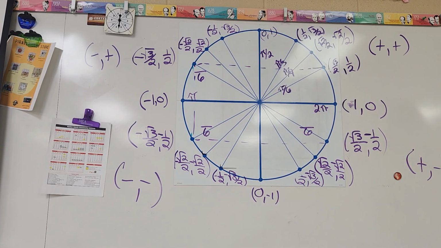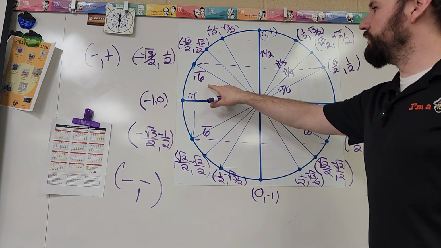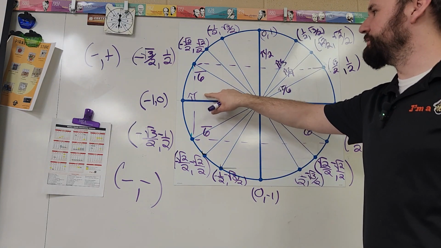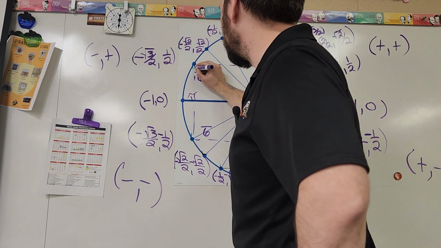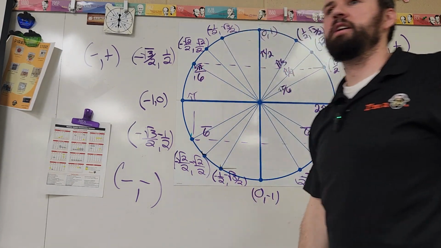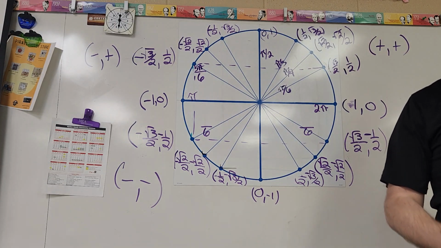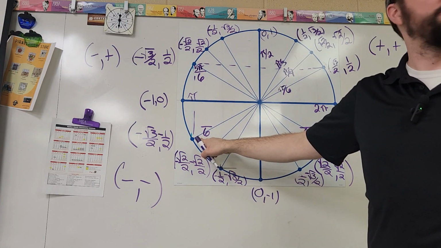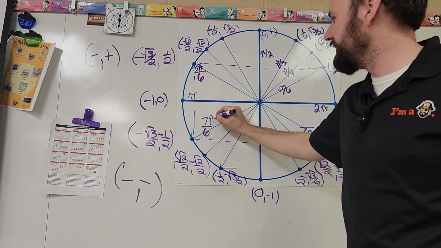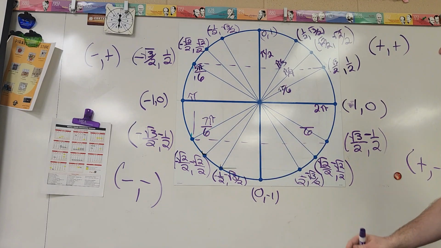And then what I would do is, what's 1/6 minus pi? 5/6. So it's 5 pi over 6. Because it's 1 less, right? It's 1/6 less. This is 1/6 more. So it'd be 7 pi over 6.